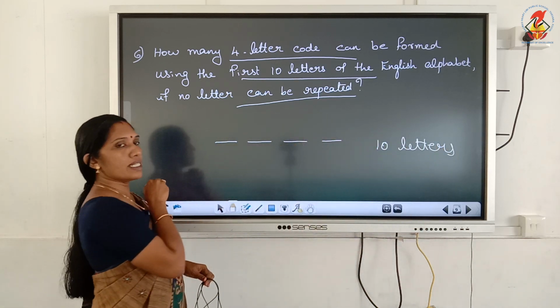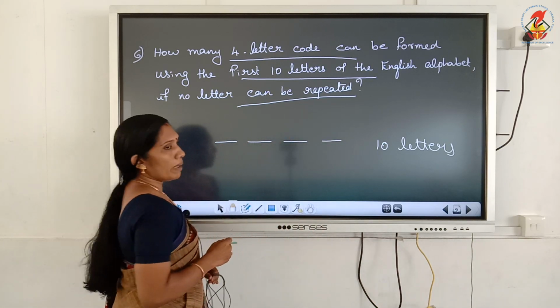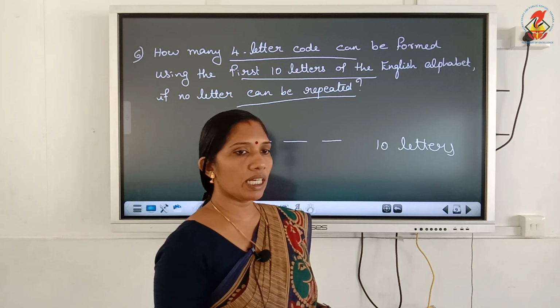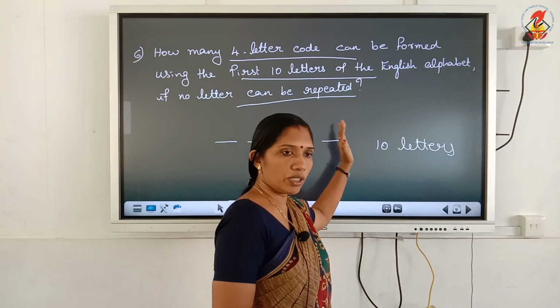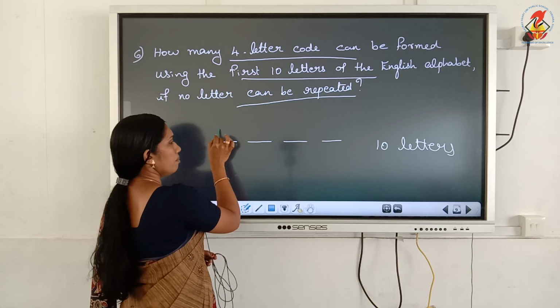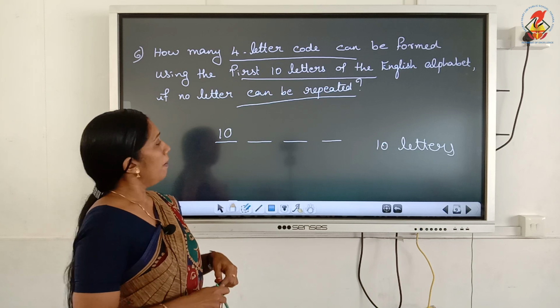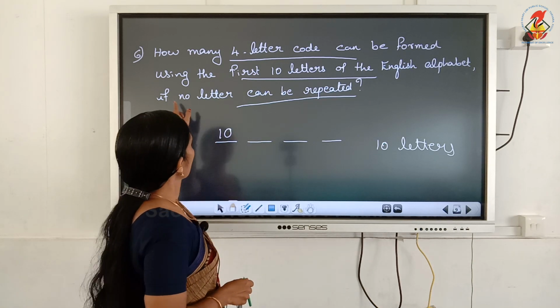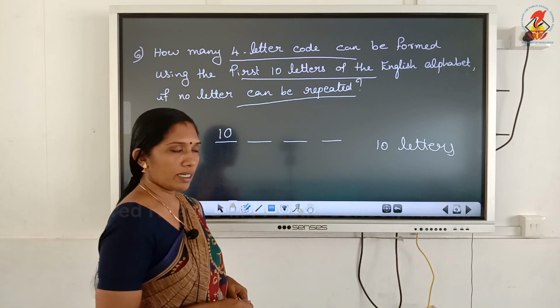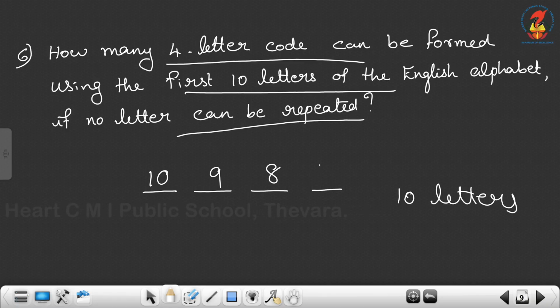So the first place you can start from this side or this side, no problem. But for numbers, if it is even and all, you have to start always from the unit place. So the first place I can fill in by 10 different ways since 10 letters are there. But when we move to the next place, no letter can be repeated. So here only 9 letters, then 8 letters, then 7 letters.